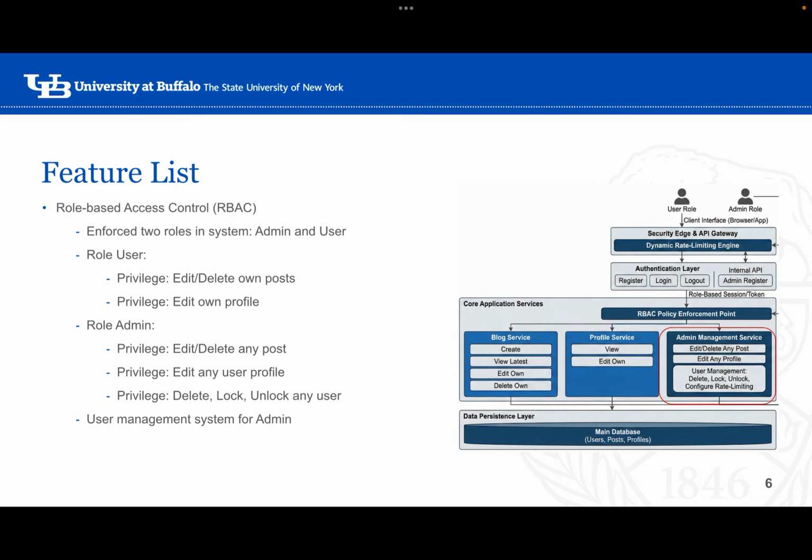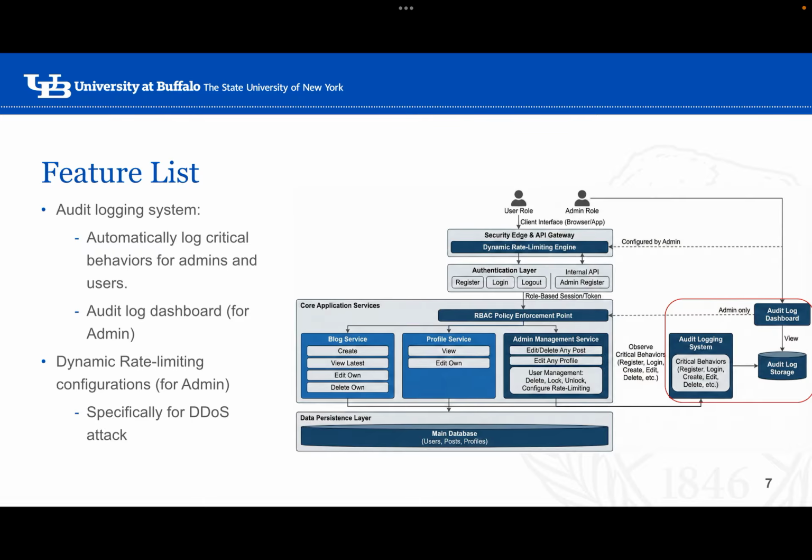We implemented role-based access control with two roles: regular users who can only manage their own content, and admins who have full control over all posts and users. We also have an audit logging system that traces all critical actions, an admin dashboard to review logs, and dynamic rate limits to defend against DDoS attacks.